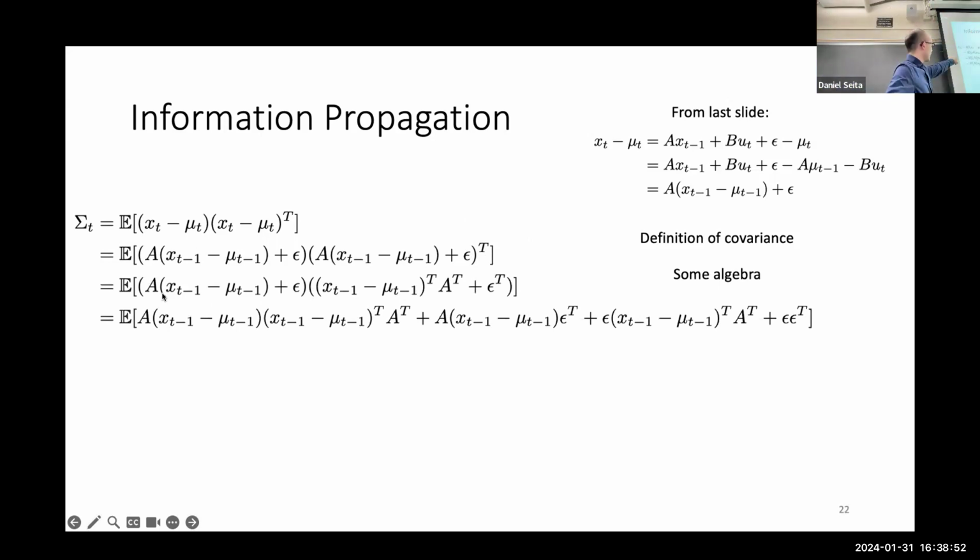So what we did in the third line is we took this transpose, and you can apply the transpose to each individual term. So the transpose here goes to the epsilon transpose, and then the transpose goes to here, but remember that it flips the ordering, right?